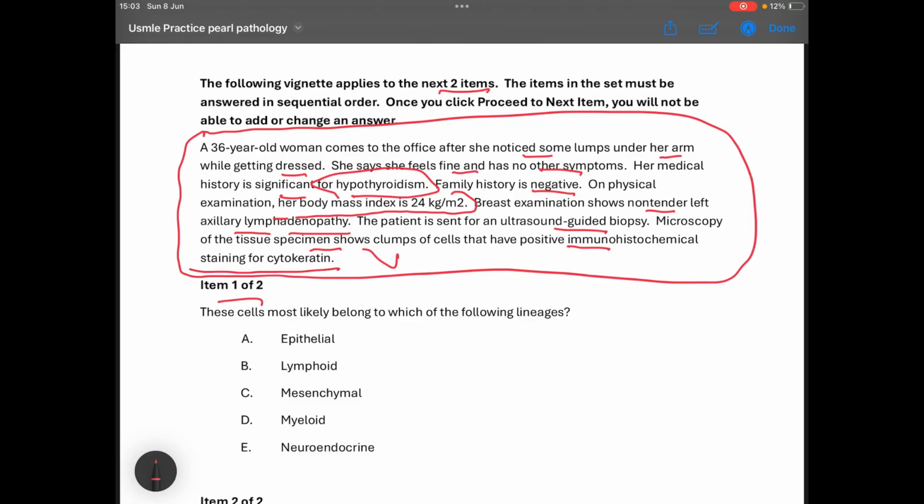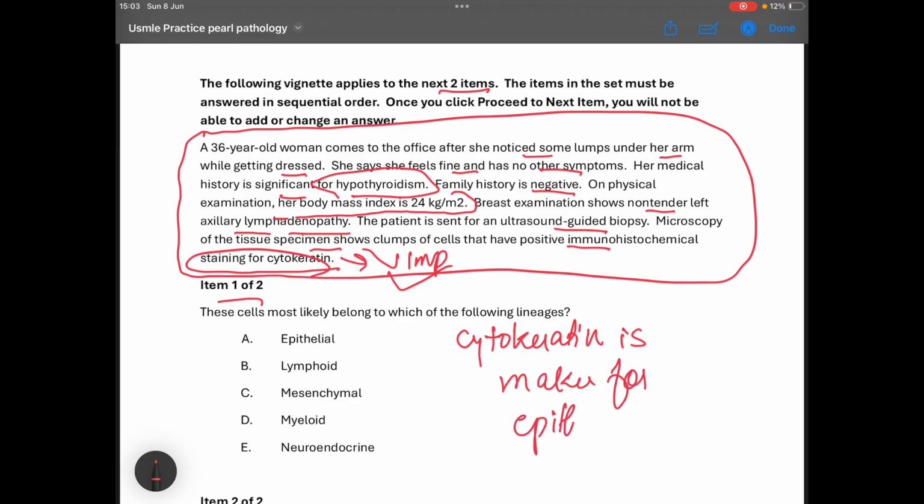for cytokeratin. Guys, cytokeratin automatically is a big, important hint. As you guys know, cytokeratin is a marker for epithelium-derived tumors. It's an important point to write in your books: cytokeratin is a marker for epithelium-derived tumors.